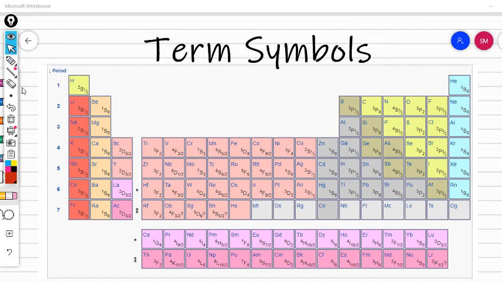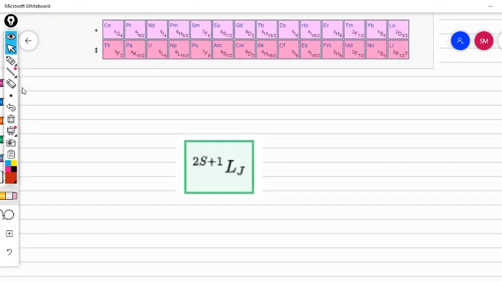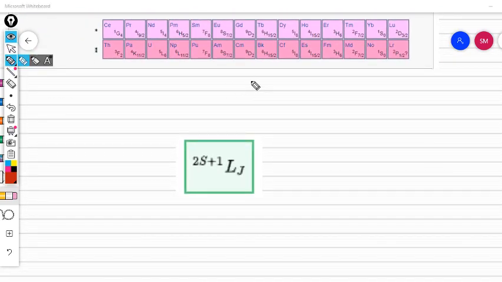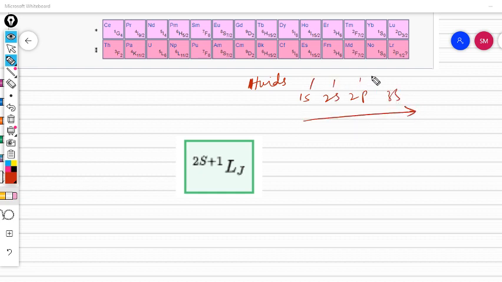For electronic configuration we follow Hund's rule, and based on the energy levels 1s, 2s, 2p, 3s, we add the electrons. In the same way, based on the energy levels, we decide which is the ground level and which is the first excited or higher energy level. That will be decided by the energy.